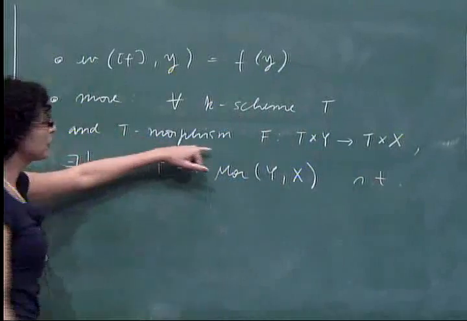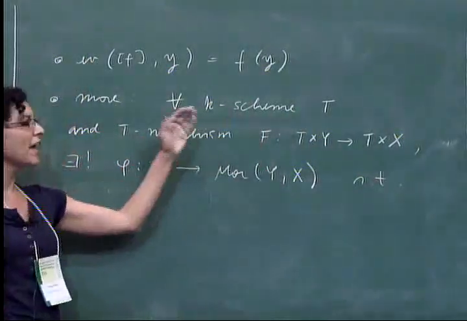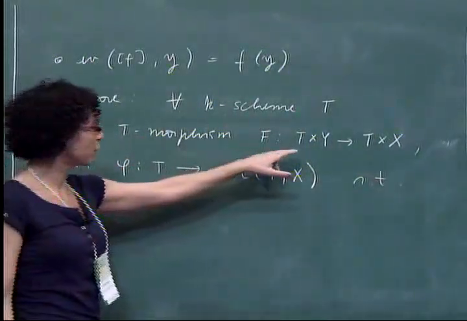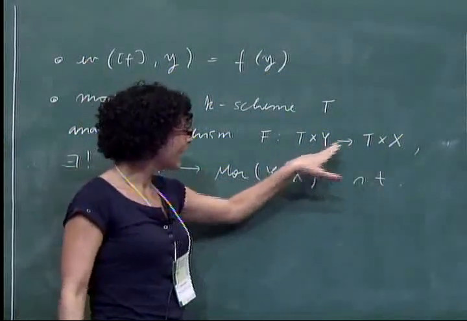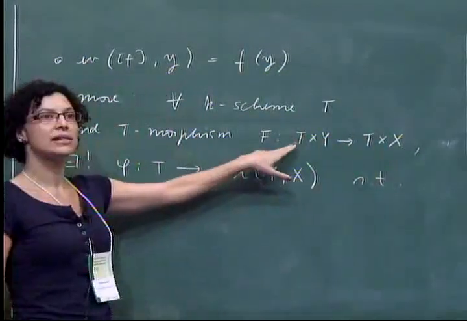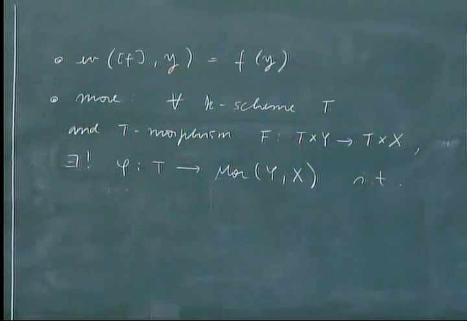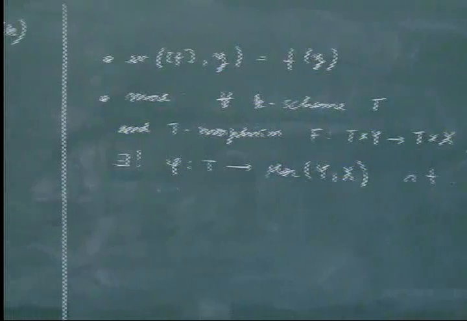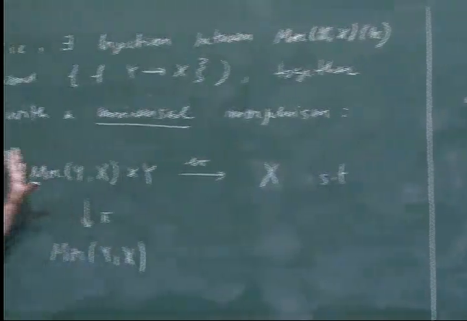Here you can think of this morphism as a family of morphisms from Y to X parameterized by the scheme T. What the universal property says is that there is a map from T to this space of morphisms, such that the corresponding morphism is obtained by pullback.